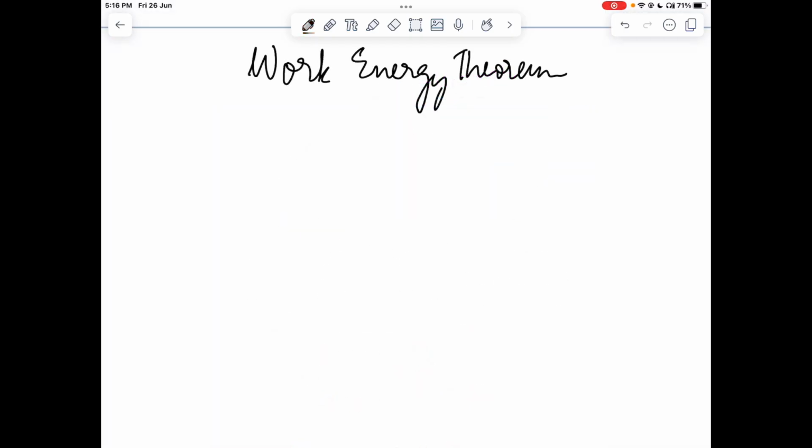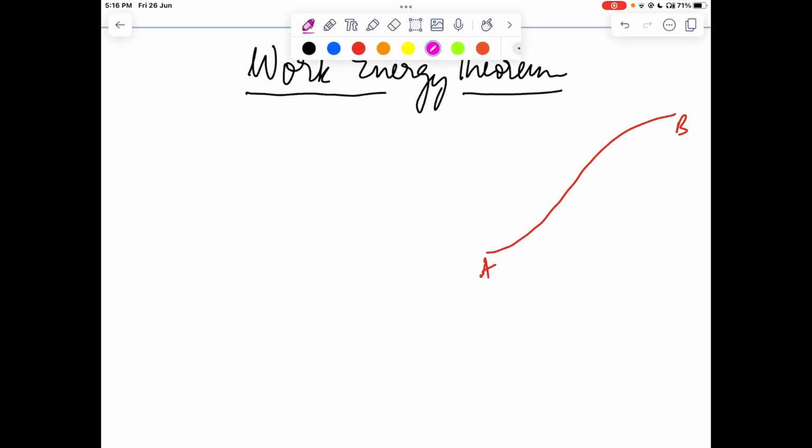Okay, so now let's discuss the work energy theorem. For that, let's consider the general case of a particle moving from point A to point B in any fashion. And let's say at point B, it's acted on by a force F in this direction.